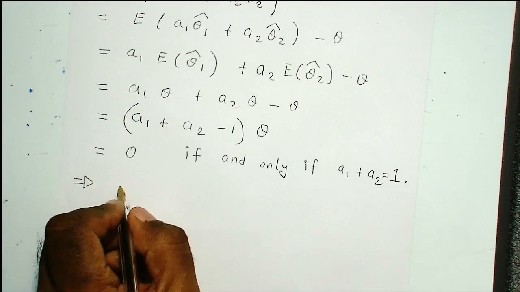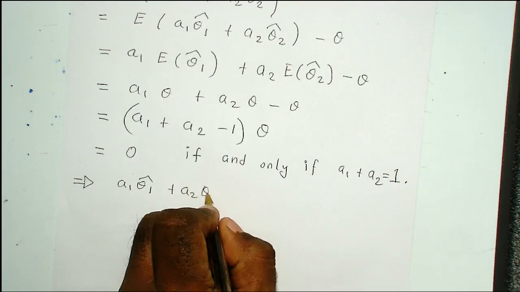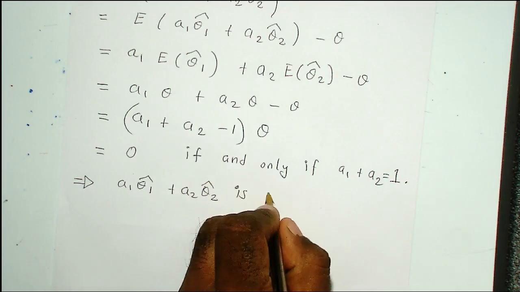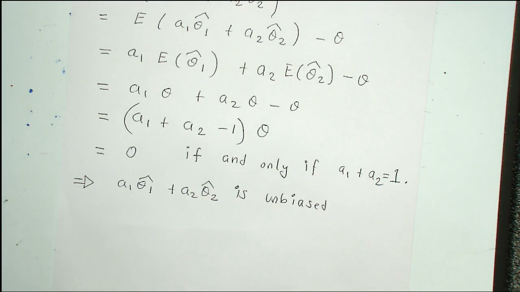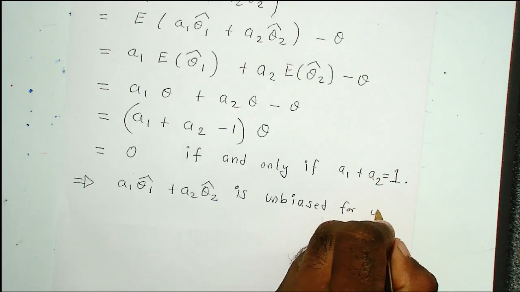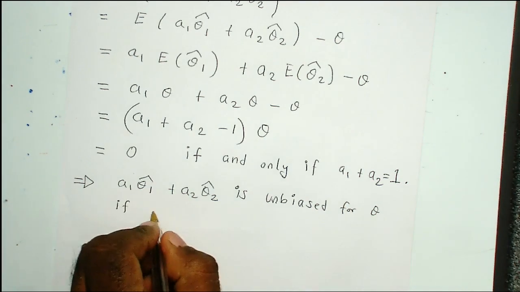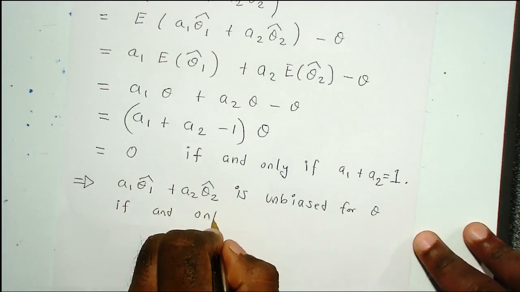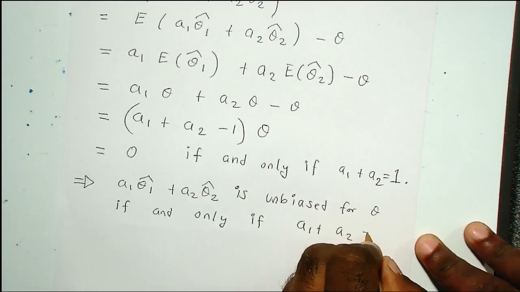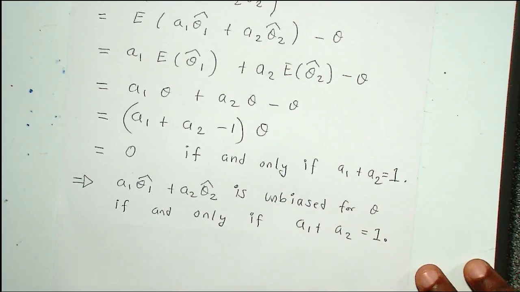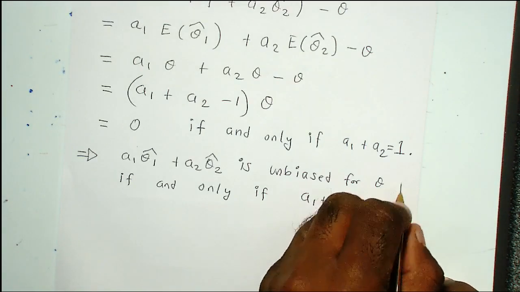So what we have shown is that this is unbiased, is an unbiased estimator for theta if and only if A1 plus A2 is equal to 1. Right? All right, that's what we have shown.